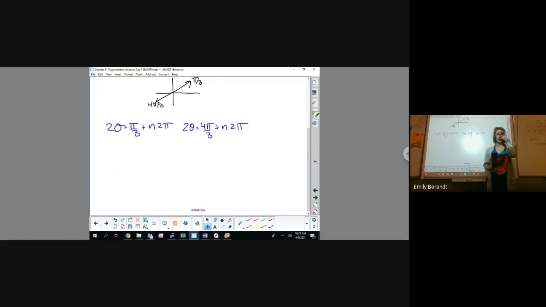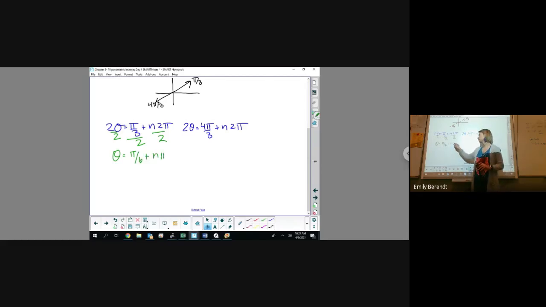And we solve for theta. To get theta by itself, we divide by 2. Make sure you divide everything by 2. We get theta equals, what's pi over 3 cut in half? Pi over 6 plus n pi.